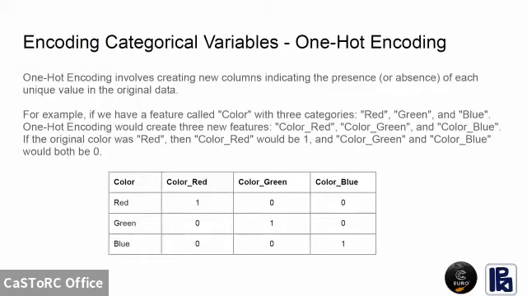Color red is represented as 1, 0, 0. Green is always represented as 0, 1, 0, and so on. The category position is always 1, and the rest are 0. Okay, so this is one-hot encoding.